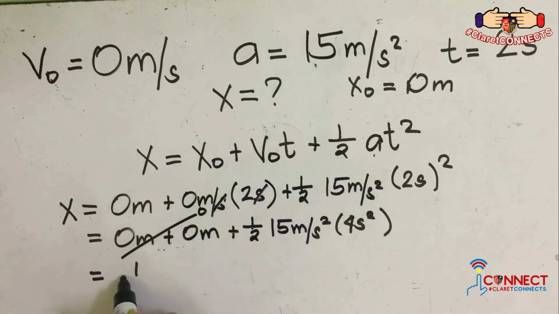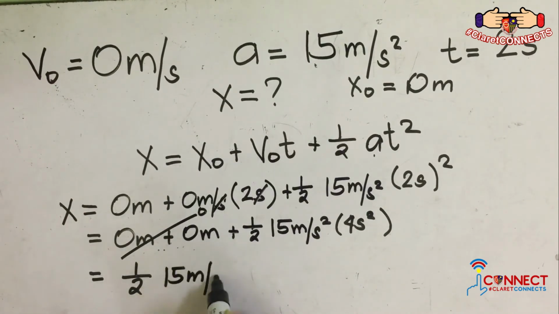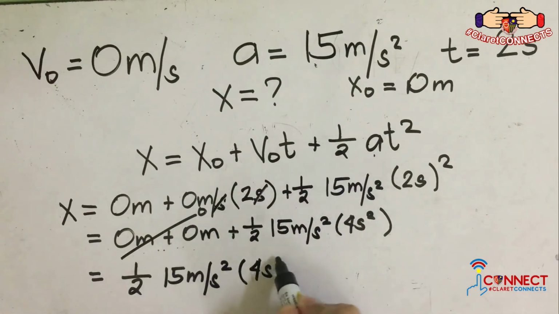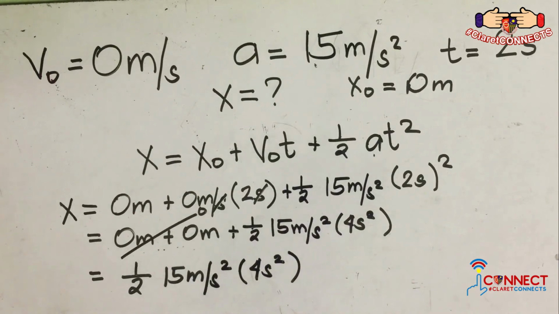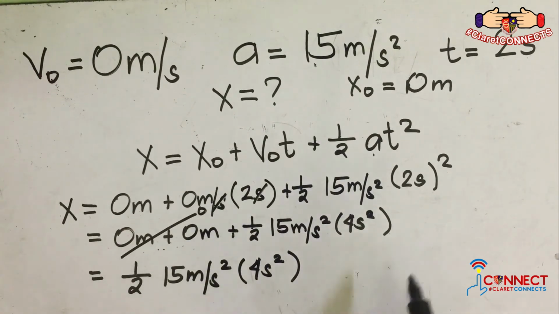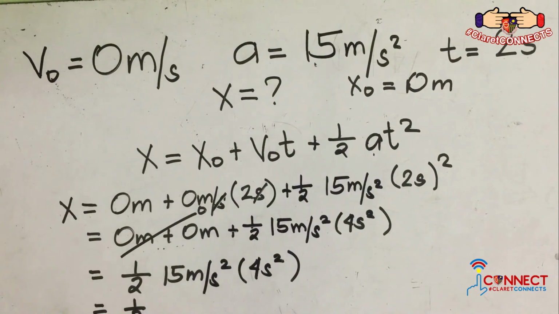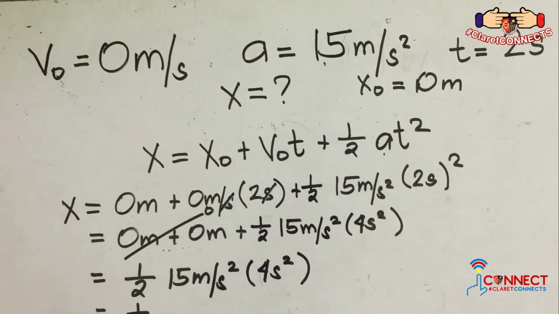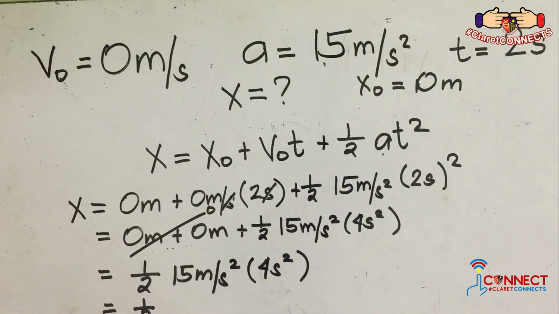That leaves us 1/2 of 15 meters per second squared times 4 seconds squared. We can simplify this.